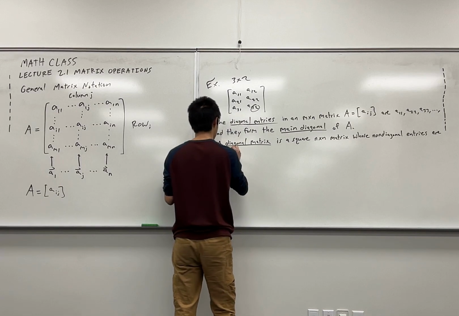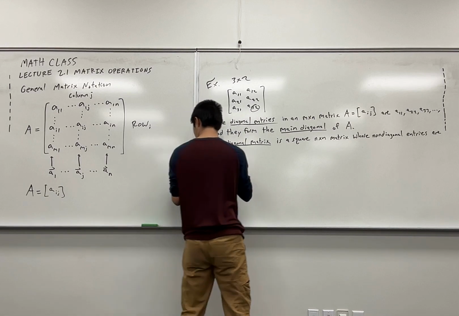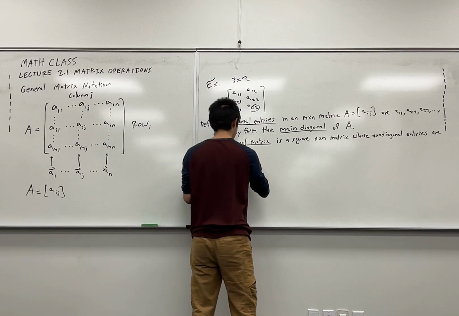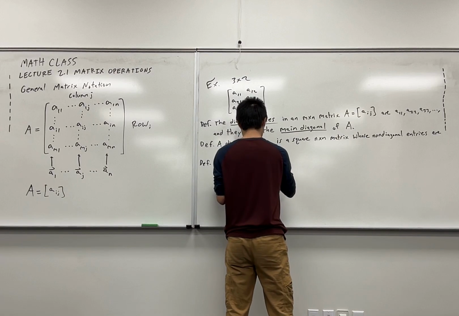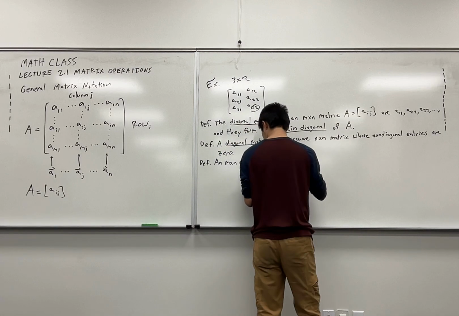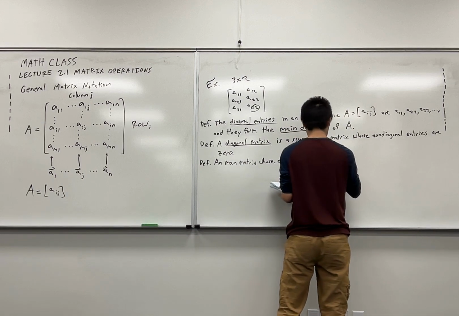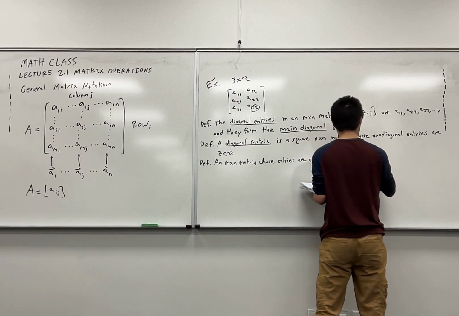We'll take a look at that in a second. And then lastly, an m by n matrix whose entries are all 0 is a zero matrix.